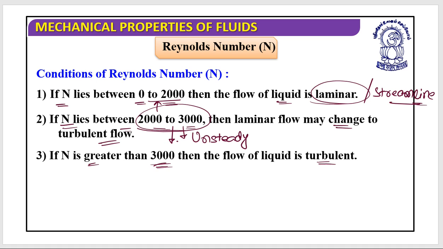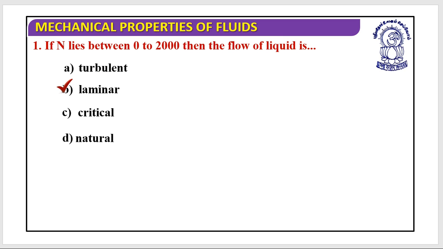I hope this is clear. Is it clear? Great. So if Reynolds number lies between 0 to 2000, then the flow of the liquid is a laminar or streamline flow.